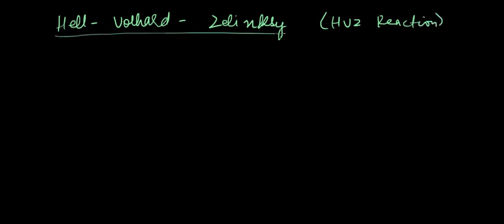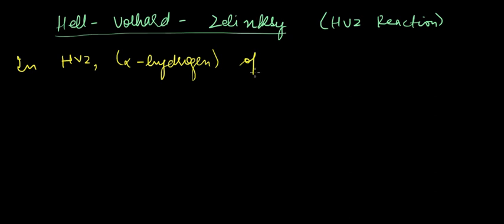So in HVZ, alpha hydrogen of acid is replaced by halogen. I'm first writing the notes here, then we'll be seeing the reaction and its mechanism. In HVZ, alpha hydrogen of acid is replaced by halogen.